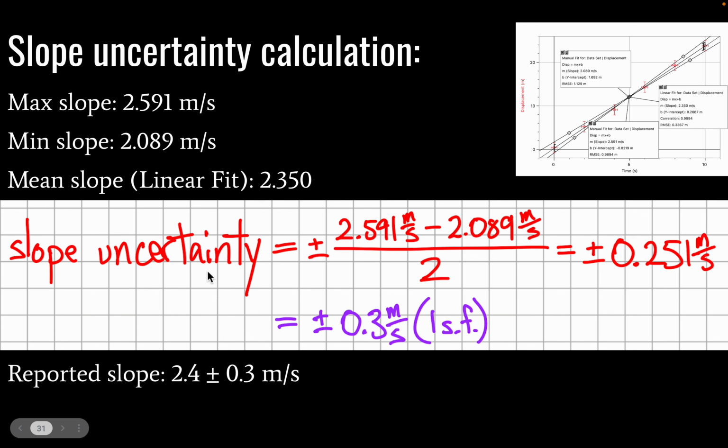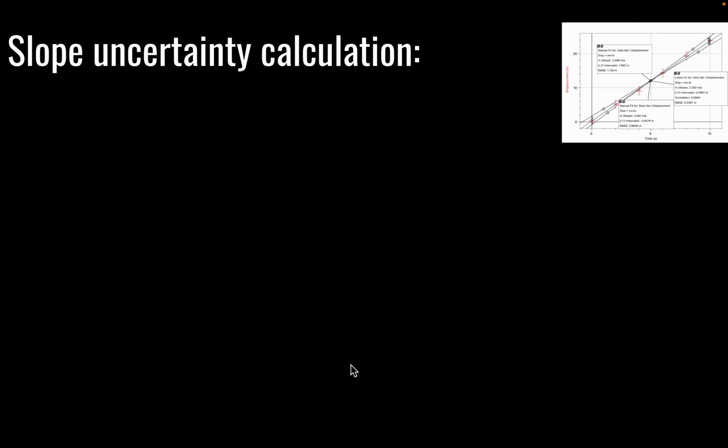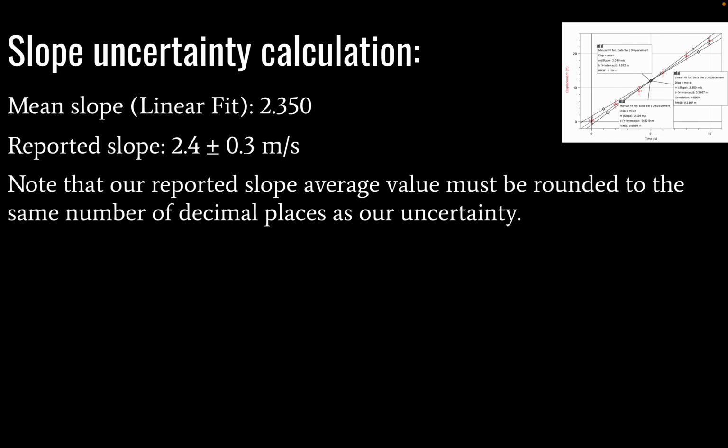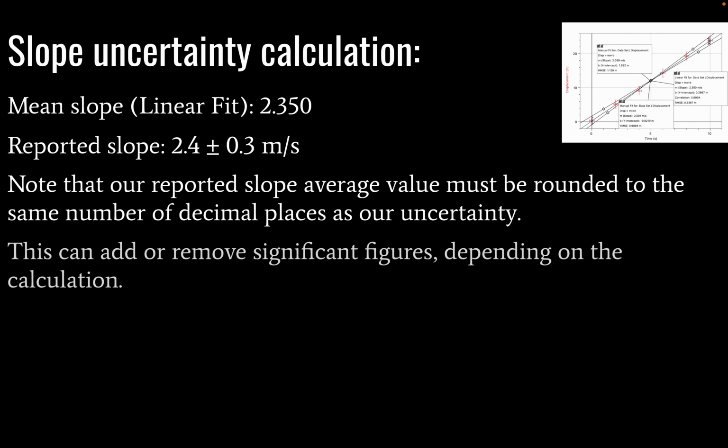So we use the mean slope for 2.4, and we've rounded it off to the same number of decimal places as our uncertainty. We should not have more decimal places than our uncertainty. Okay, I've made that point, and again, note that you can add or remove potentially significant figures depending on the calculation.